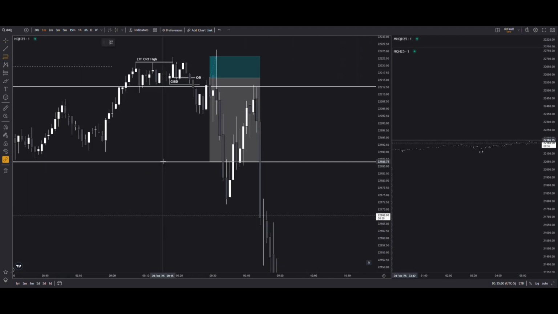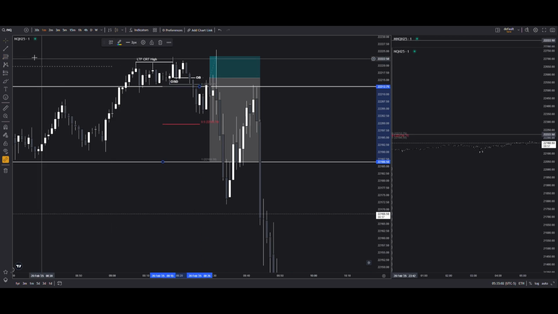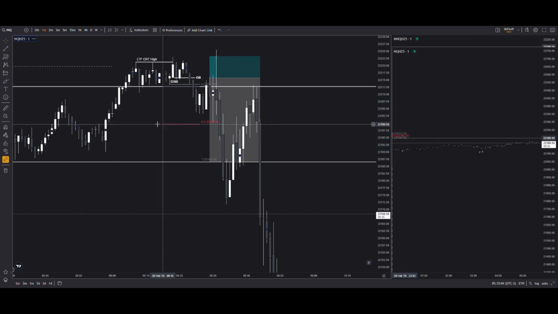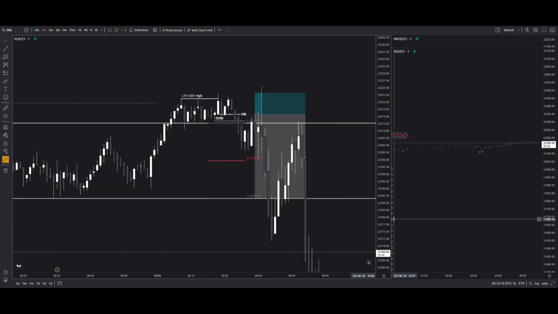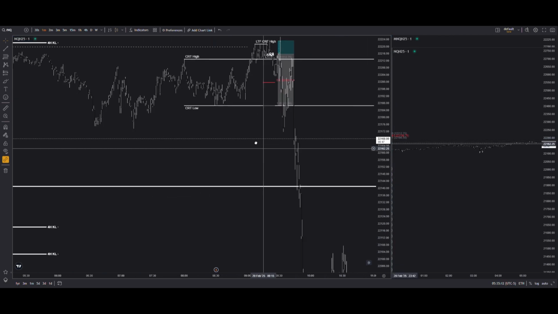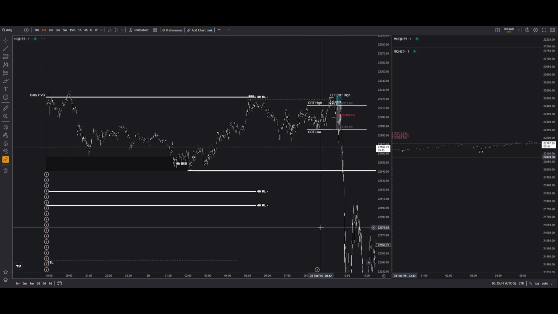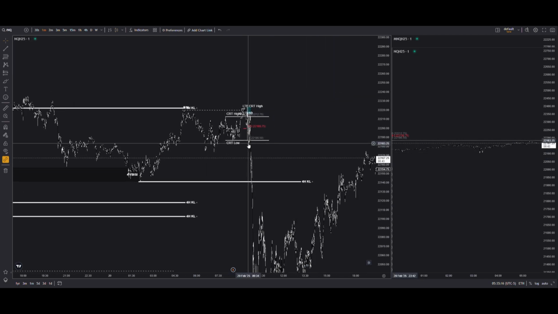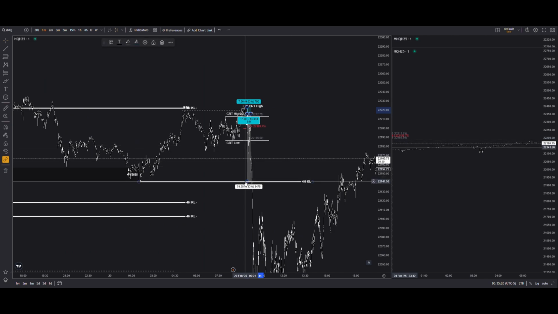Either way, we had our partials at the midpoint, which was 1 contract, and then we had the 2 contracts down here. Now, yes, we could have held it to, say, the 4-hour swing low, bring us a 10 risk to reward.